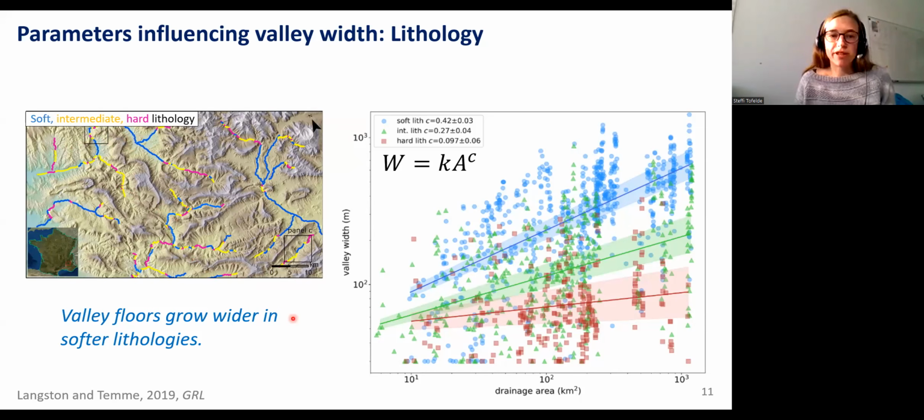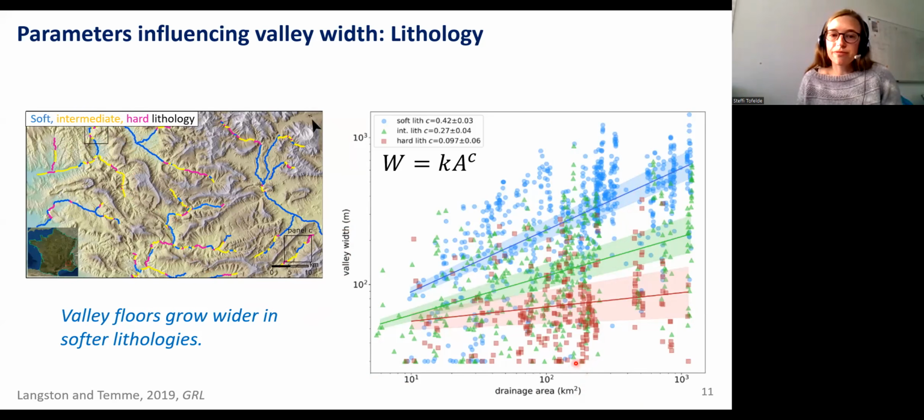And then they did the same thing. They plotted valley width against the drainage area, but they performed the regression for each of the 3 groups separately. So the colors don't perfectly match, but blue is the soft lithology, green is the intermediate lithology, and red is the hard lithology. And we can see that the power law regression does vary between the lithologies.